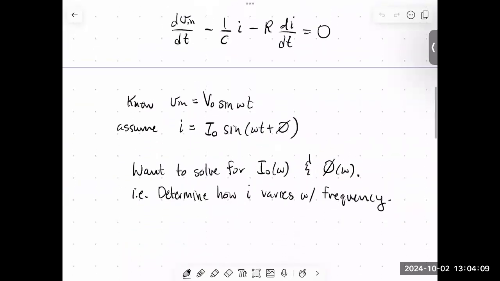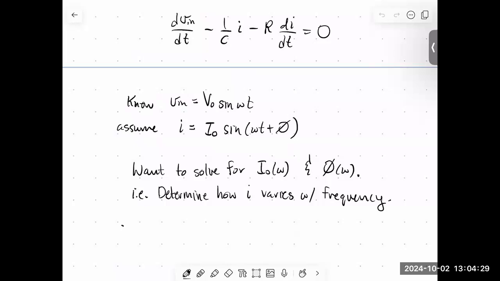And the ultimate goal is, if I want to know the current, the things that I don't know about it are its amplitude I naught and its phase phi, and in particular, how those things depend on the frequency. And so that's what we're going to try to figure out.